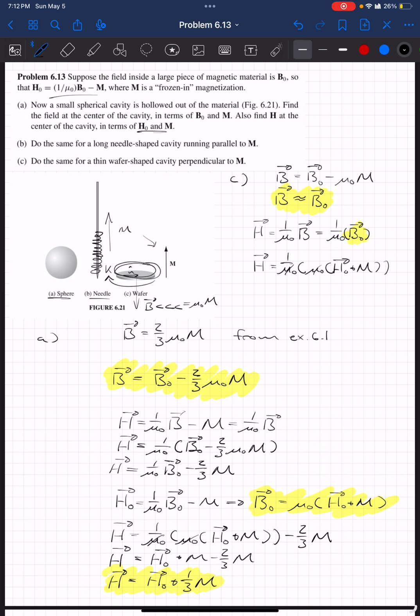So multiplying the 1 over mu naught into there, you just cancel out the mu naught on the inside. So H actually ends up equaling H naught plus M. And that's the new H value for this formula at the center of the cavity.